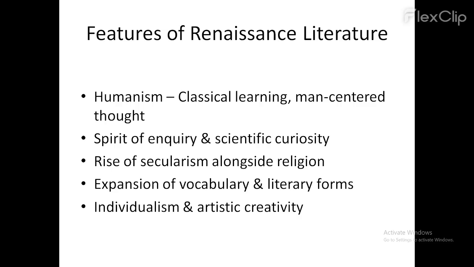And because of the rebirth of learning, people realized the importance of the dignity of human beings. They started thinking about how to improve the condition of human beings. So humanism came to the center, which resulted in classical learning and man-centered thinking and discussion.